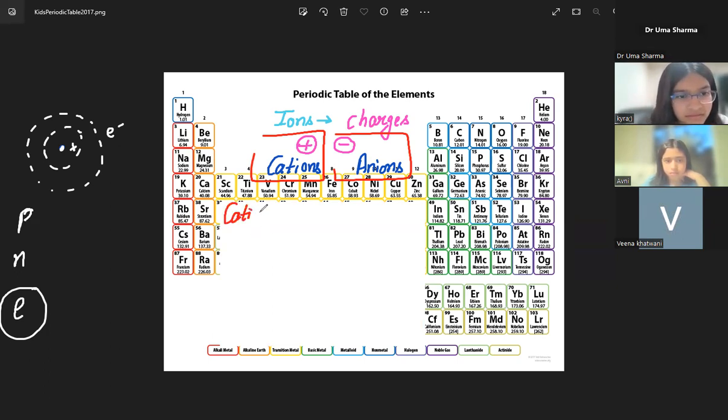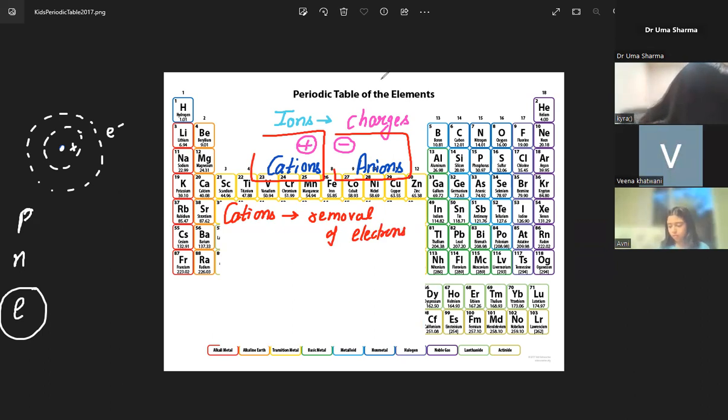Cations are formed by removal of electrons. Please write on this. Not by addition of more protons, right? And anions are formed by addition of electrons.